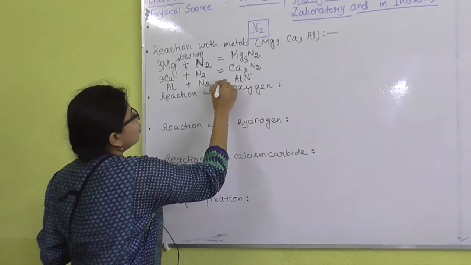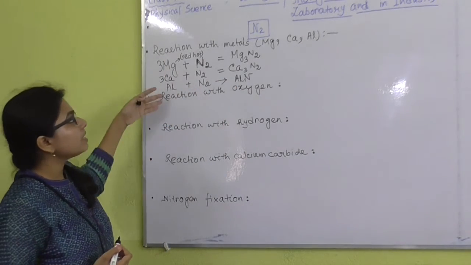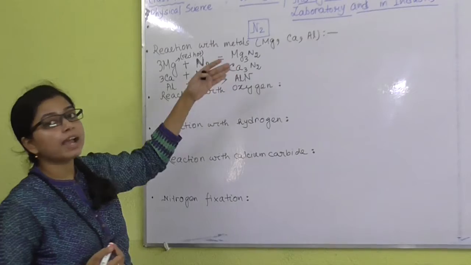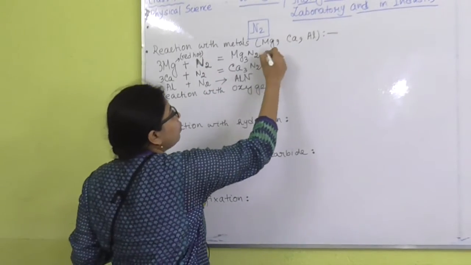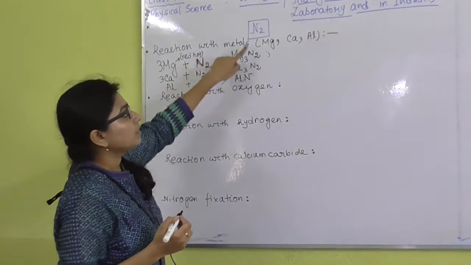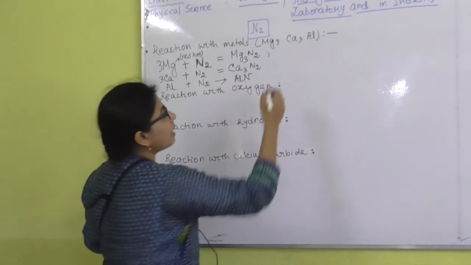So if you just pass the nitrogen gas over these red hot metals, you will get the nitrides of the metals separately. Now, if you add this metal nitride to boiling water, what will happen?